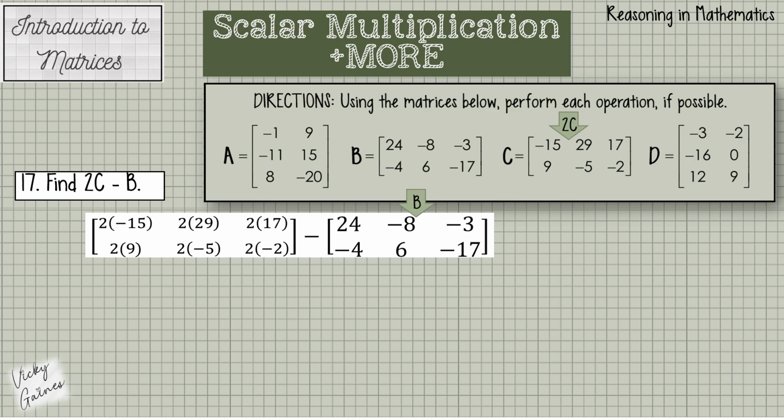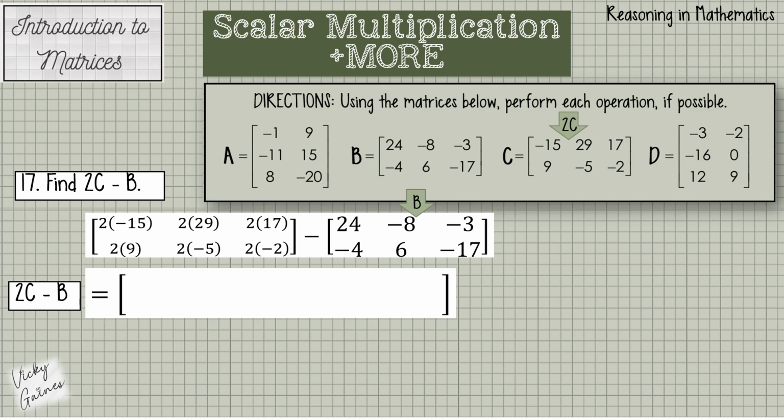And there's all the elements in B. I'm going to write a matrix that represents the 2C minus B, just all the calculations that you would need to do for each element to get our answer. So our answer is going to be a 2 by 3.